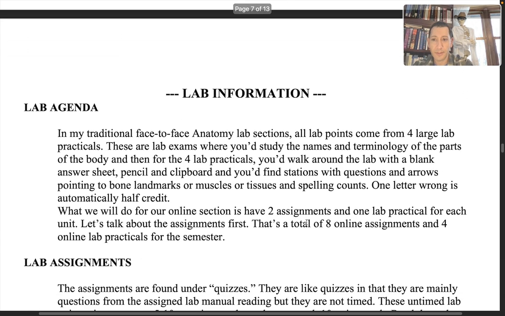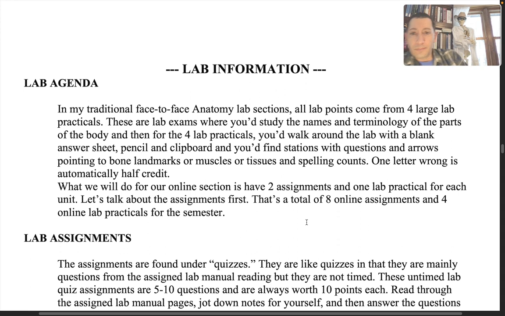Here's lab. I realize this is taking a long time to get through because you probably don't even need to watch this, since you're all coming from A&P1, but just in case, who knows?